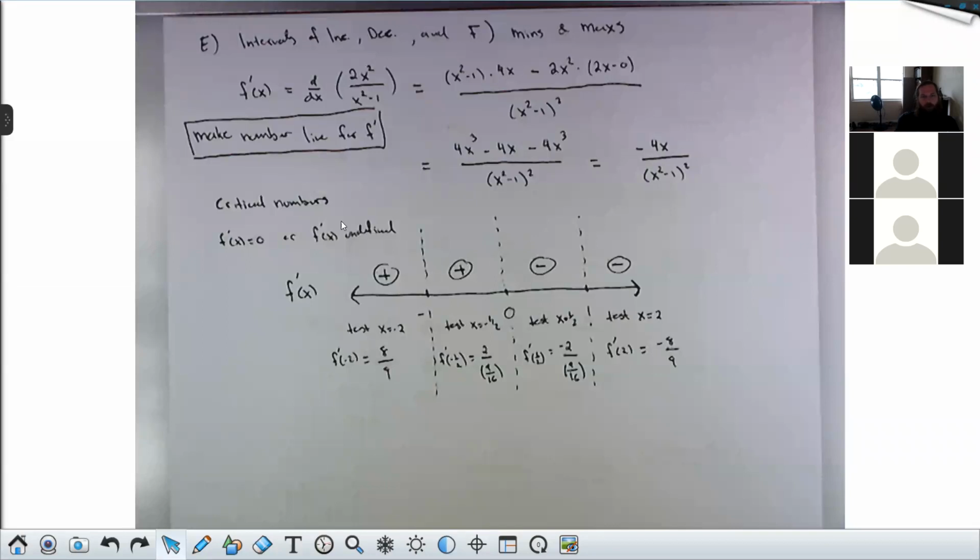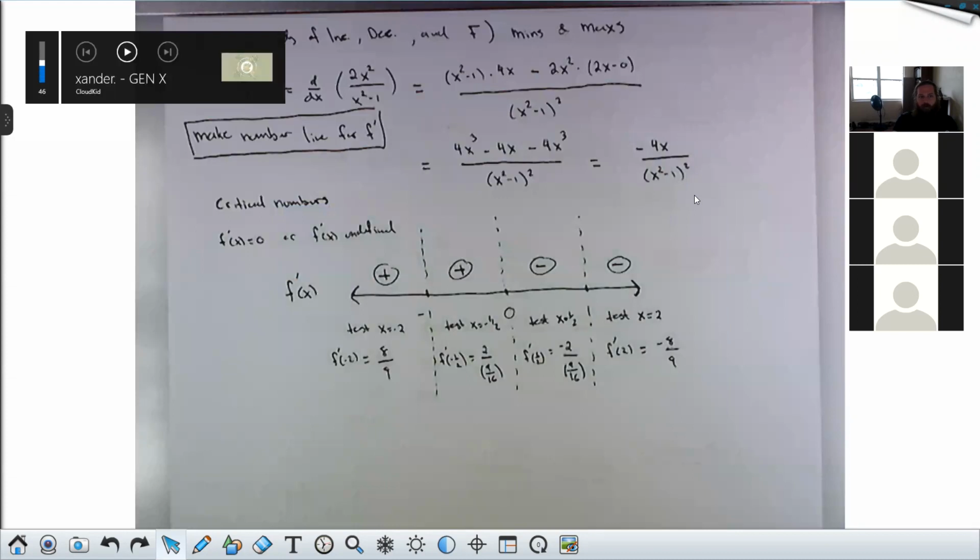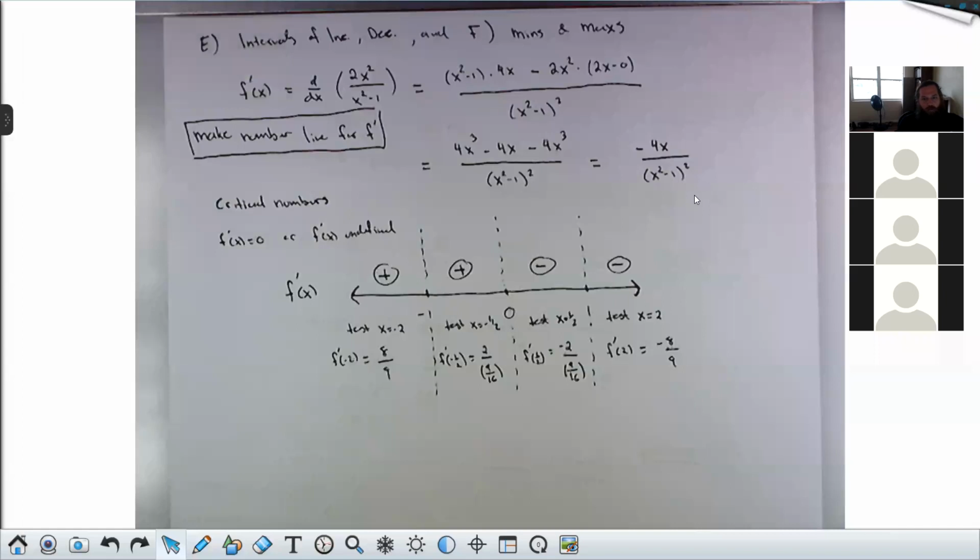Before I move on and start making conclusions about this number line, are there any questions about where these things came from? Or this derivative? I'm sorry, Robert, could you say that? Yeah, where did the -1 and 1 come from? Those were places where f prime is undefined, right? Because the bottom here will be 0 if x squared minus 1 is equal to 0.